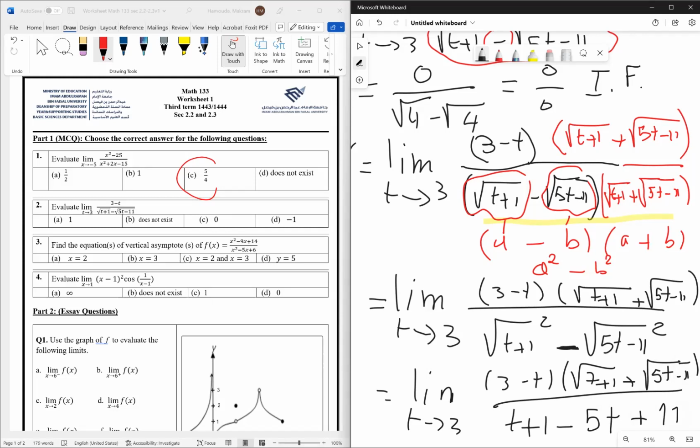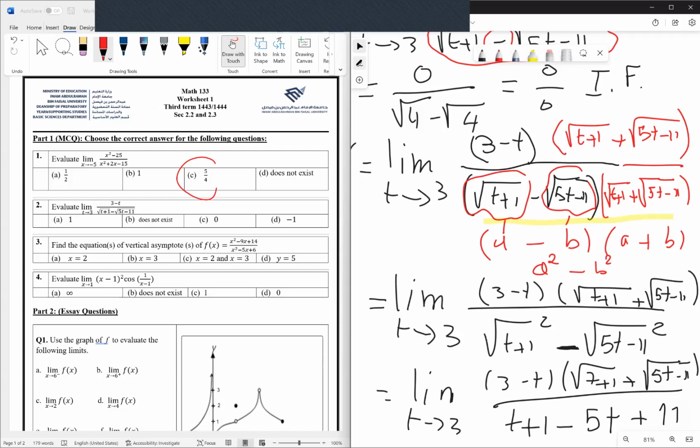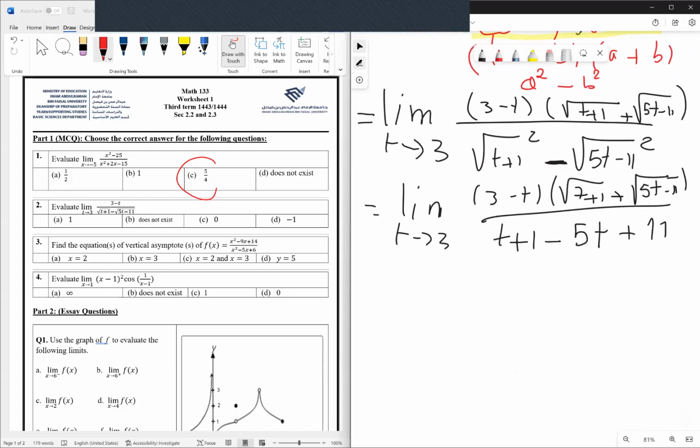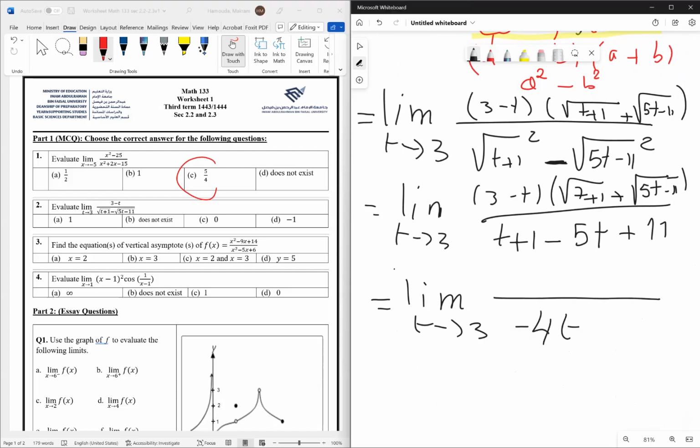And if you do the computation for the denominator, you will find the following. So it is equal to limit t approaches 3, t minus 5t, that's minus 4t, 1 plus 11 plus 12. Okay, and 3 minus t times the conjugate here.